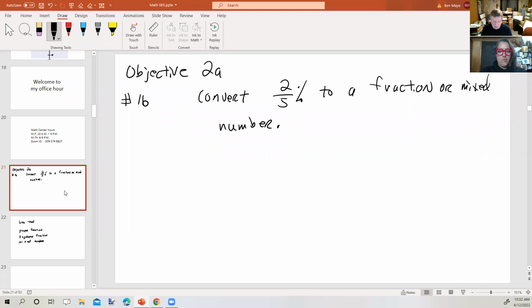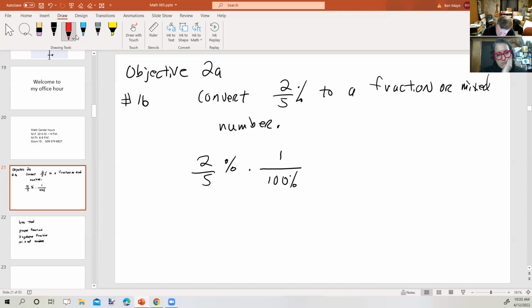This is from yesterday's homework, objective 2A, number 16. The directions say, convert 2/5% to a fraction or mixed number. So we have 2/5%. I'm going to use the method I introduced yesterday. I need to get rid of the percent, so I'm going to multiply it by 1 over 100%.